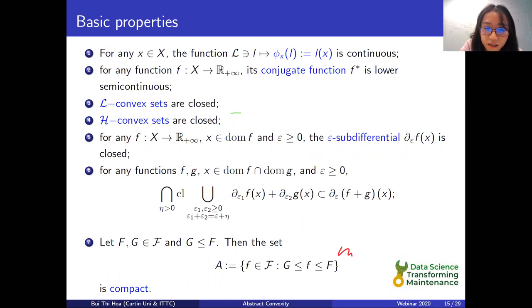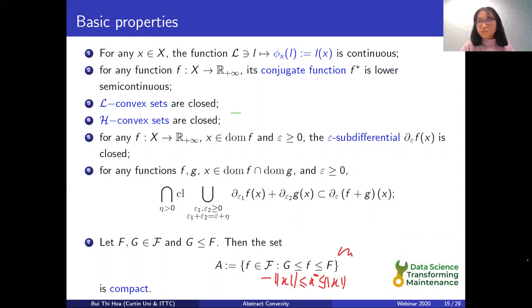If we take g as minus the norm of x, and F as the norm of x, then this set is obviously weak star compact.